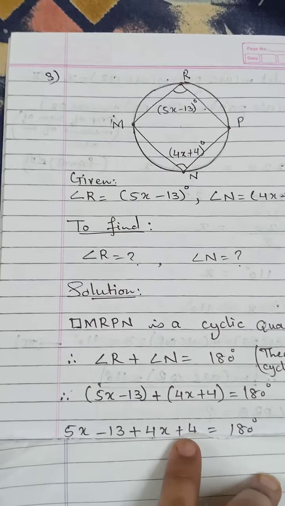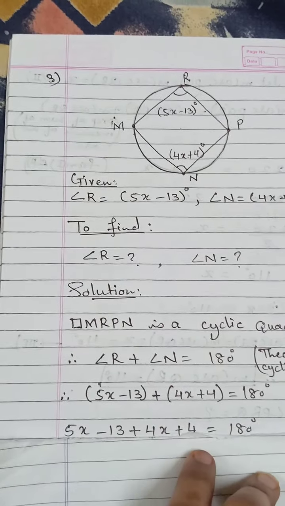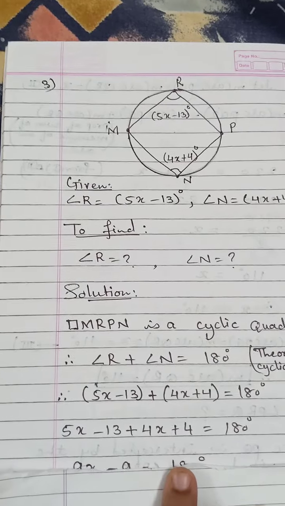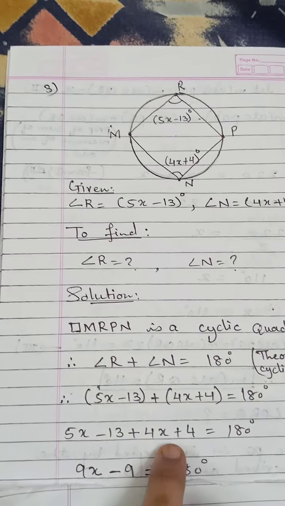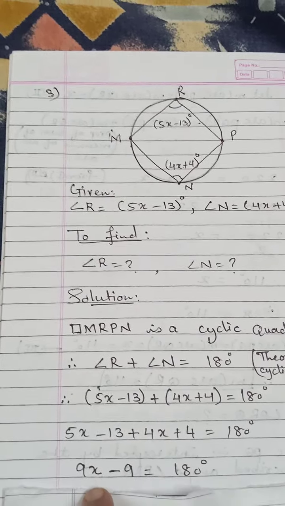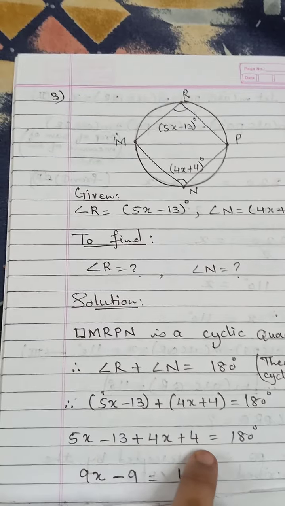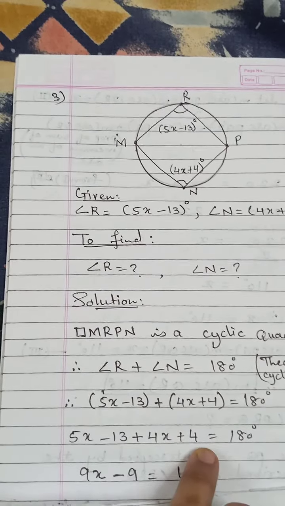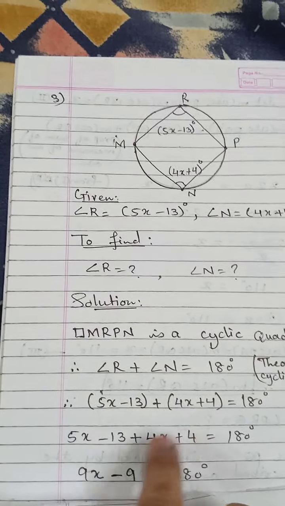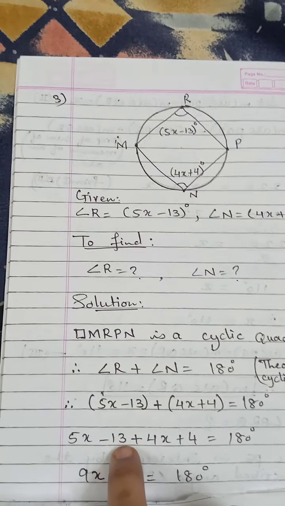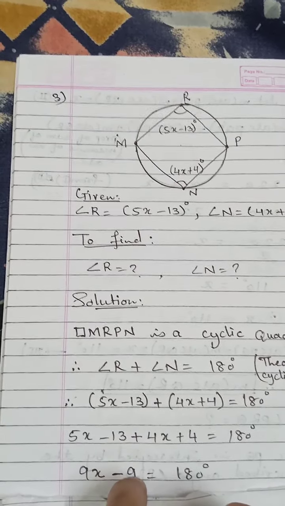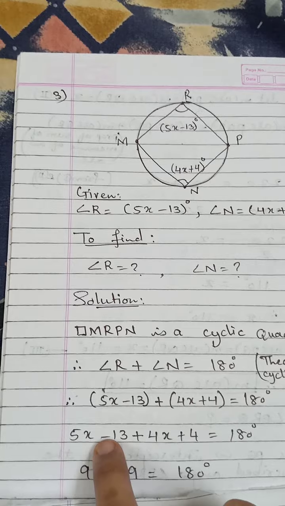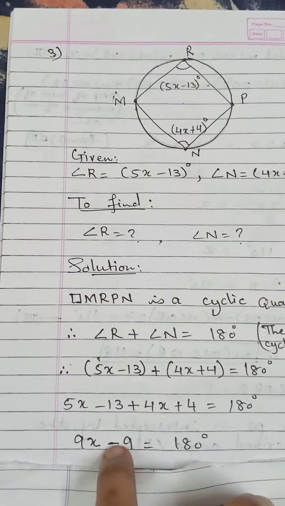So 5x plus 4x, and minus 13 plus 4. 5x plus 4x is 9x, and minus 13 plus 4: 13 minus 4 will be 9, but 13 is the greater number, so we take the sign of the greater number. 13 has the minus sign, so we take the minus sign here.